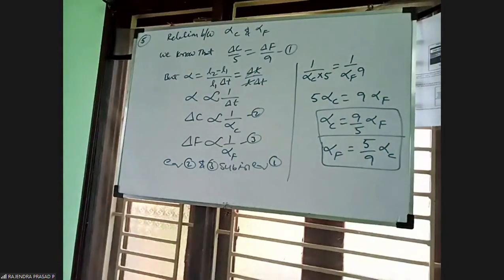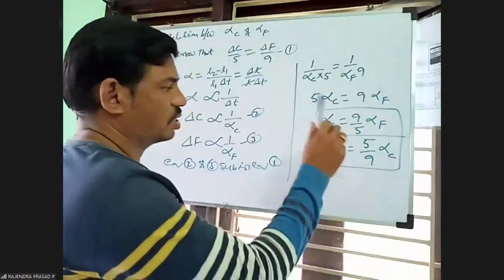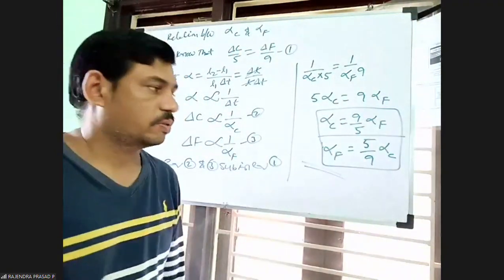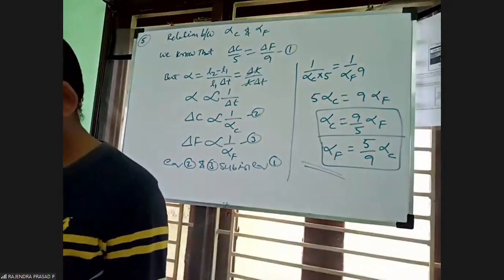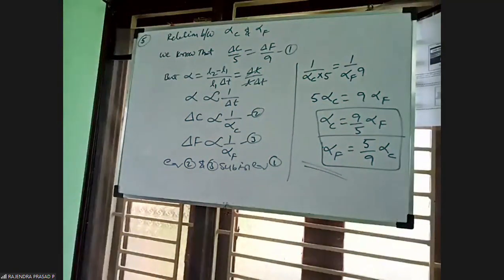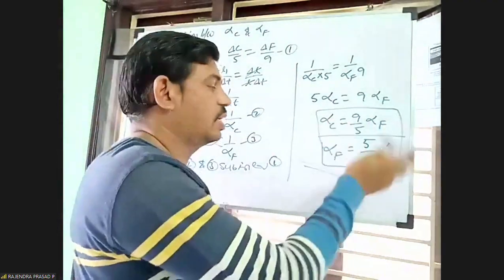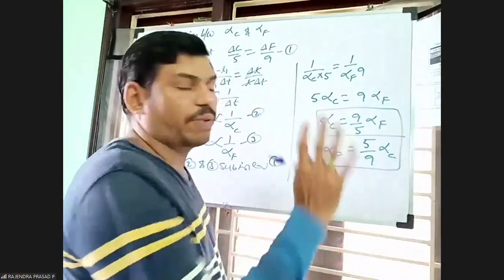So this is the relation between alpha C and alpha F: alpha F equals 5/9 into alpha C. If alpha F is given, alpha C is calculated; if alpha C is given, alpha F is calculated.